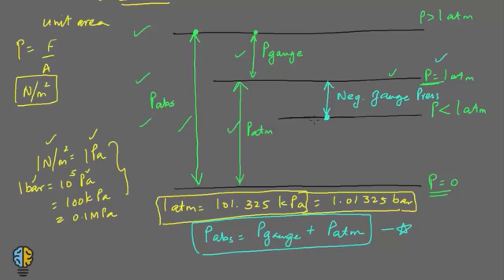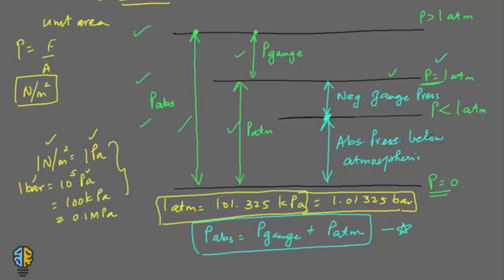And if you measure the pressure of this point with respect to the 0 pressure, this value is the absolute pressure below atmospheric. So this is the absolute pressure below the atmospheric pressure. Alright, so this is also an important thing to note down.